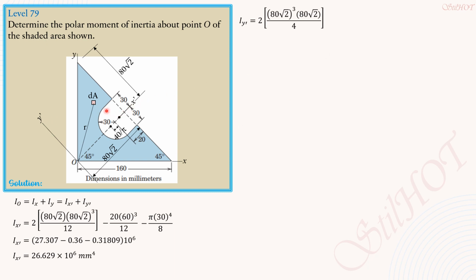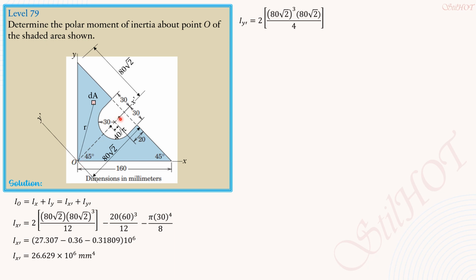Then we subtract the moment of inertia of this rectangle. So this is the centroidal axis parallel to the y prime axis, so we have to transfer it here. And the moment of inertia with respect to this axis is 20 cube times 60 over 12 plus area, which is 20 times 60, distance quantity squared.